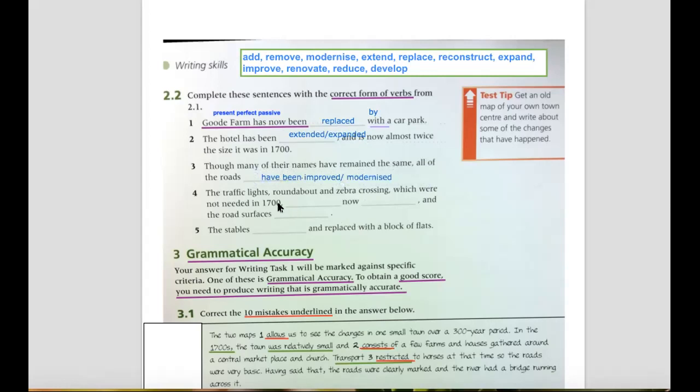Okay, number 4, talking about the zebra crossing the roundabout, which I mentioned already. So we need to say have now been, and then we need a verb added.